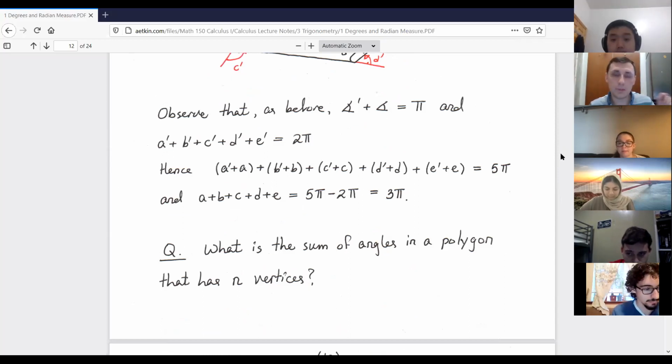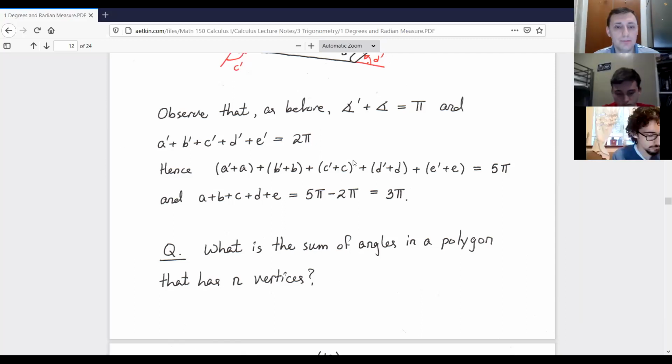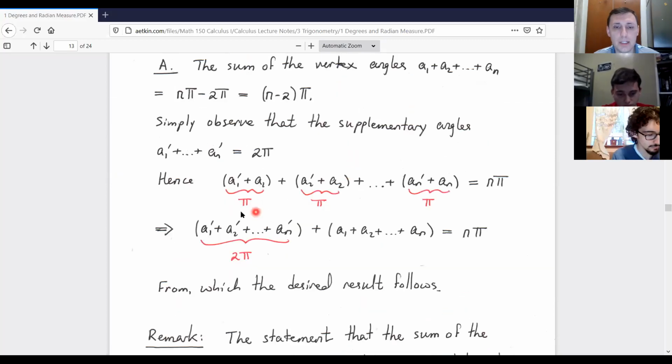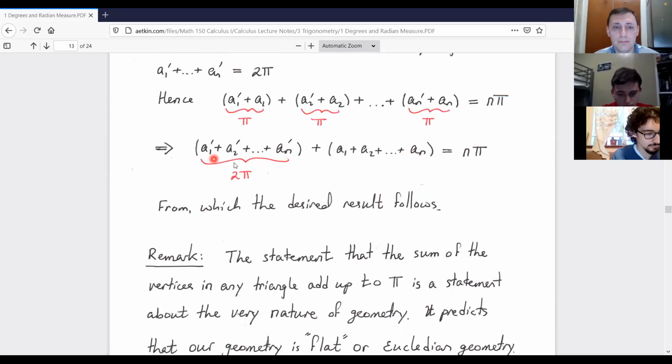It's n times pi minus 2 pi, right? So it's (n minus 2) pi. Are you with me? Good. Here is that calculation.